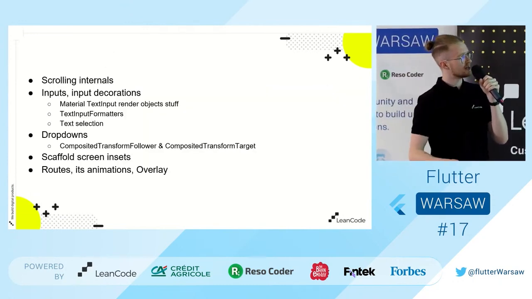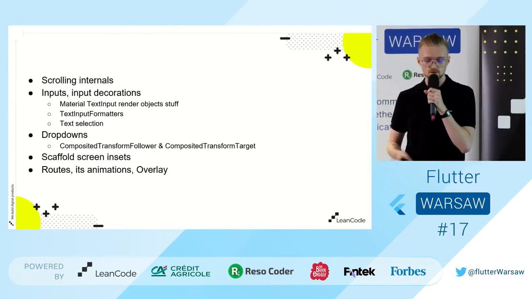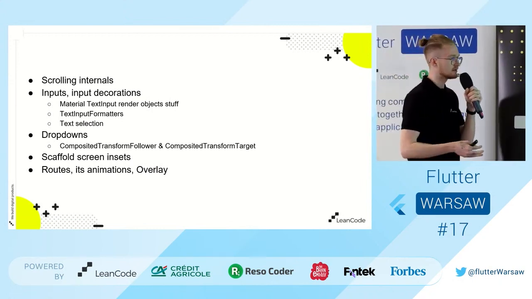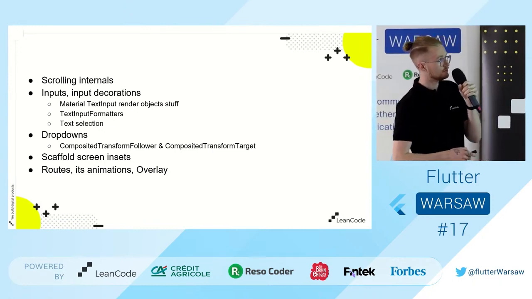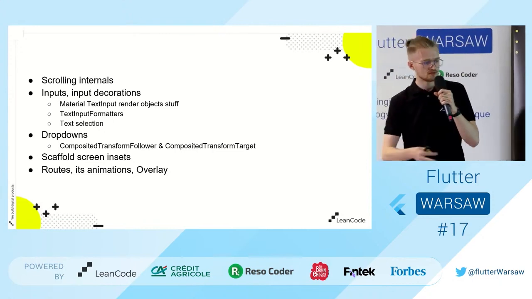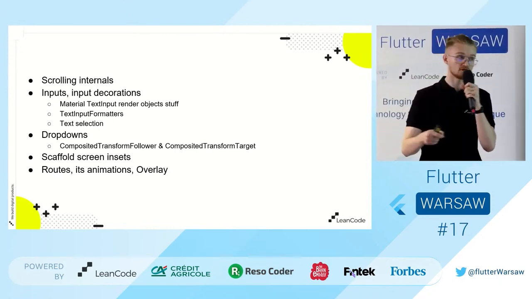And besides that, there were also other departments of Flutter internals that were touched, or that I and other developers learned about. The input decorators, the backend behind inputs, inputting the text, how it actually connects with the Swift or Kotlin side of things.